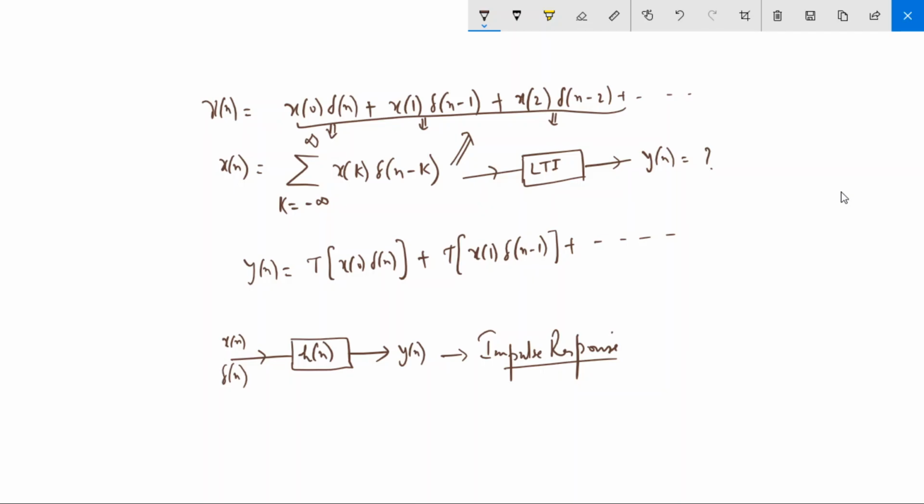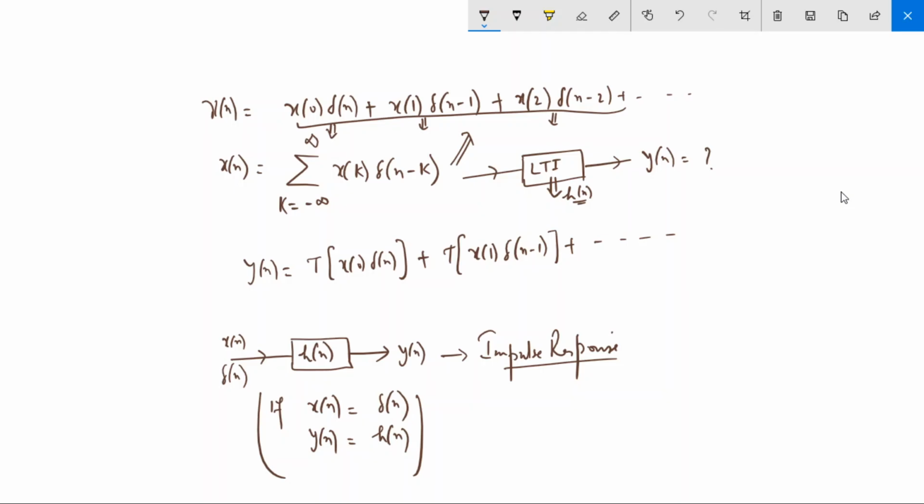It means if x of n is delta n, y of n is nothing but h of n. We assume that this system has an impulse response h of n, so you can characterize this system in terms of its impulse response.